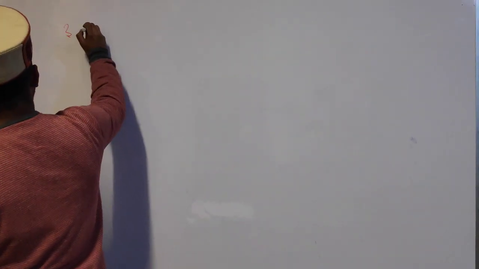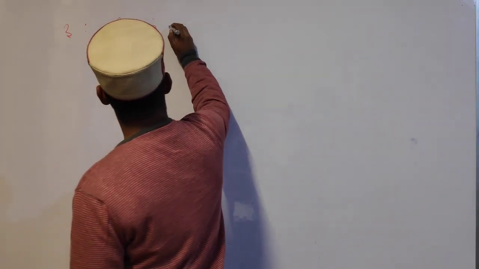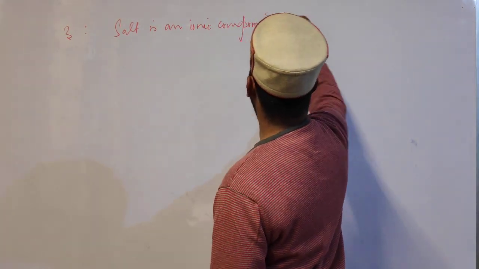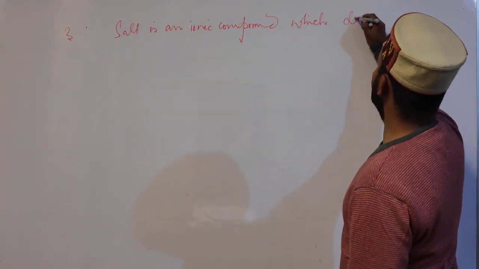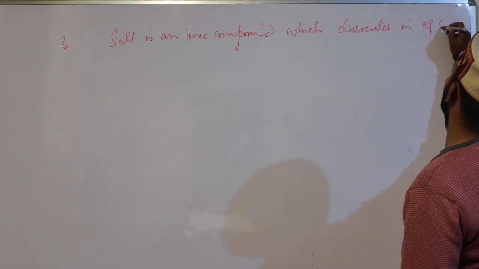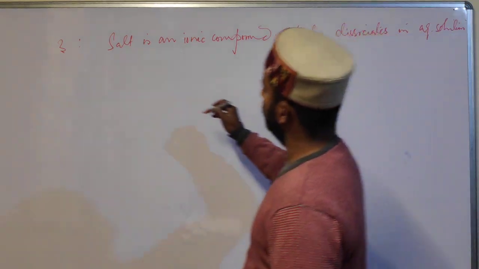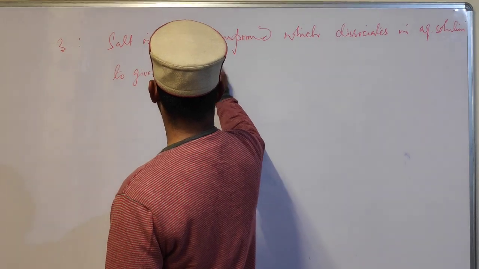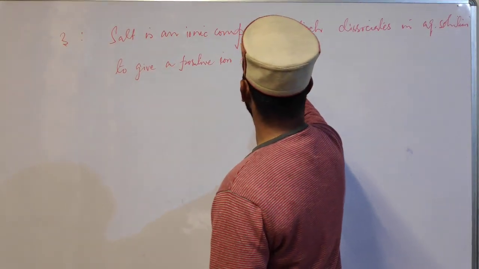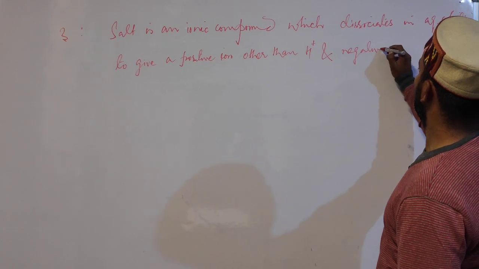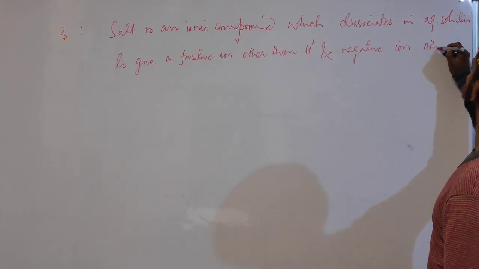According to the third definition, salt is an ionic compound which dissociates in water, that is in aqueous solutions, to give a positive ion other than H positive, and a negative ion other than what?